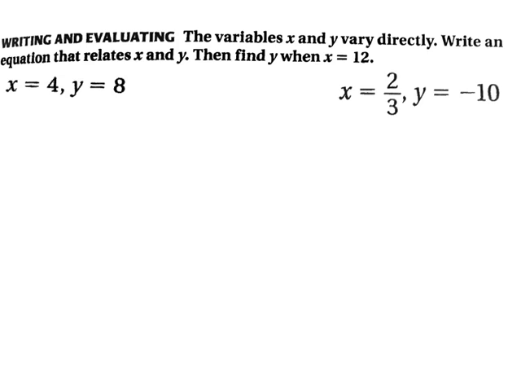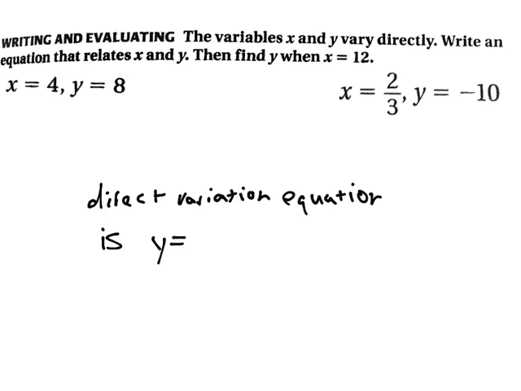Well, your direct variation equation is y equals ax, where a is actually your slope, but we always use ax in direct variation because there is no y-intercept.